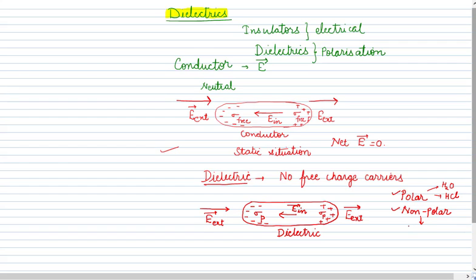For example, you can take the hydrogen molecule, the oxygen molecule, or carbon dioxide in gaseous form. So these are the common examples of non-polar molecules. Here we have the center at the same place and they do not have any permanent dipole moment, so we call them non-polar molecules.